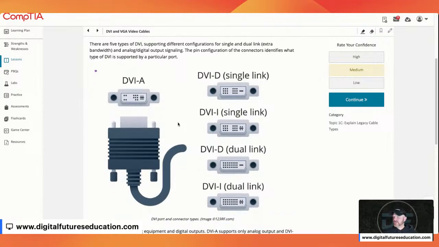The pin configuration of the connectors identifies what type of DVI is supported by a particular port. So we have DVI-D single link, DVI-I single link, DVI-D dual link, DVI-I dual link, and DVI-A.